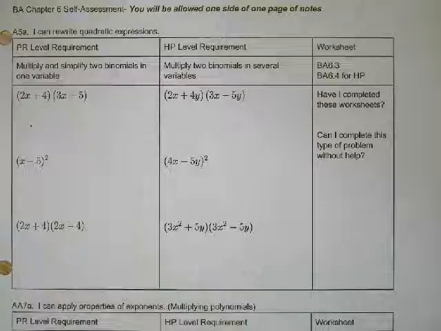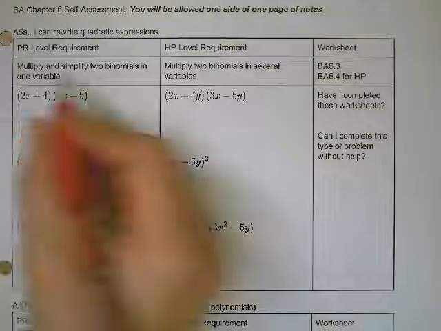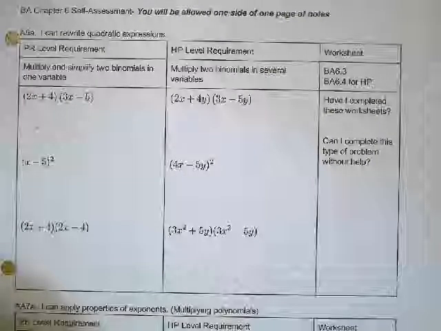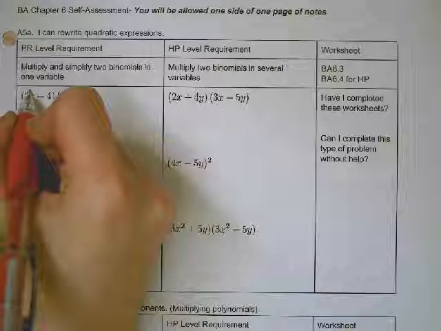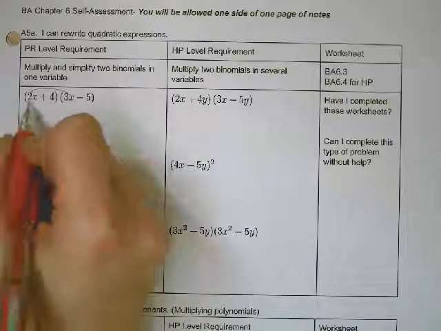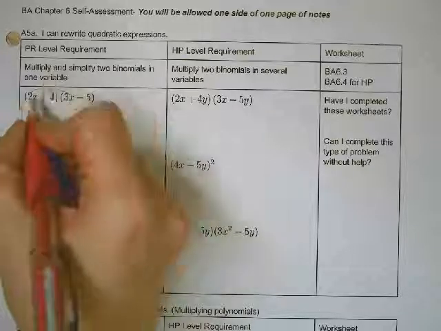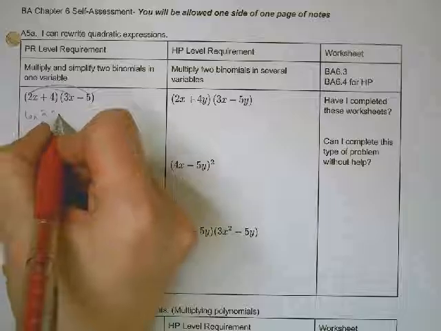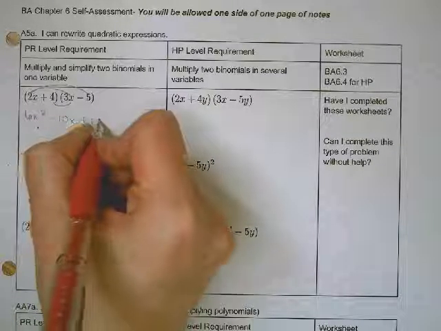So, rewriting quadratic expressions. When we're looking at something like this, it's important you can either use the FOIL method, so I'll do the FOIL method for one of them, and I'll do the box method for the other. So we multiply the first two terms, that's the F in the FOIL method. 2x times 3x gives us 6x squared. 2x times negative 5 gives us negative 10x. 4 times 3x gives us 12x.